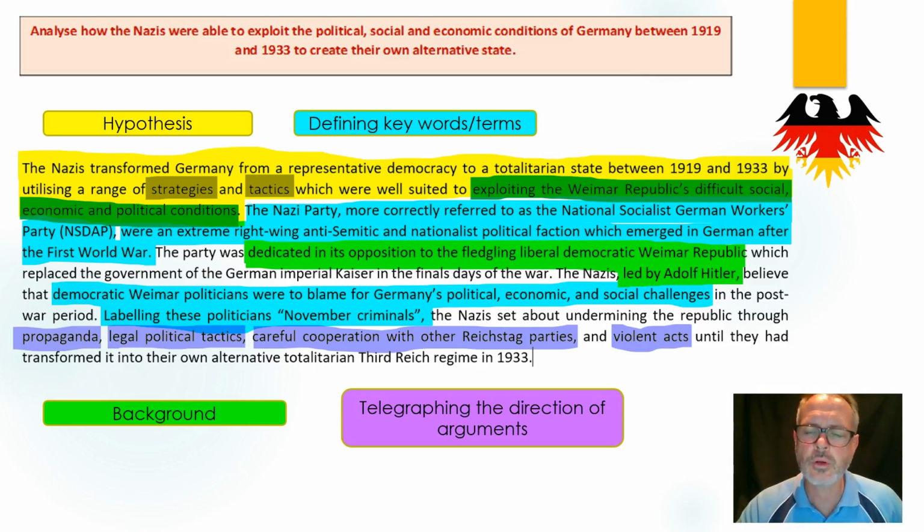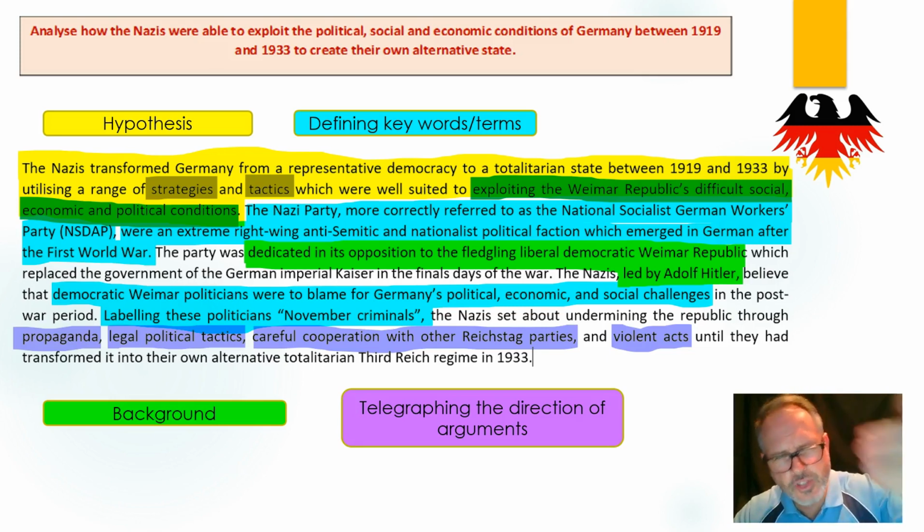And also, I'm making sure that I've picked up again on this key point that they exploited the Weimar Republic's difficult conditions. Those strategies and tactics exploited it. And if I look back, I'm talking about November criminals. Oh, they're the people to blame for the challenge. And I'm also talking about how they undermine the Republic, and that makes sense too.